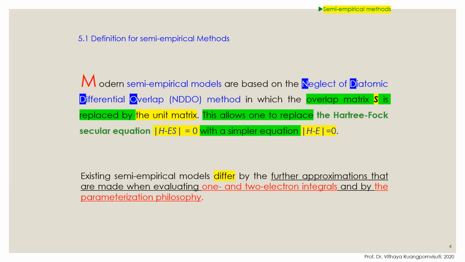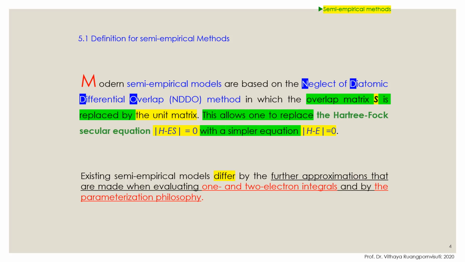Modern semi-empirical models are based on the neglect of diatomic differential overlap method, or NDDO method, in which the overlap matrix S is replaced by the unit matrix.